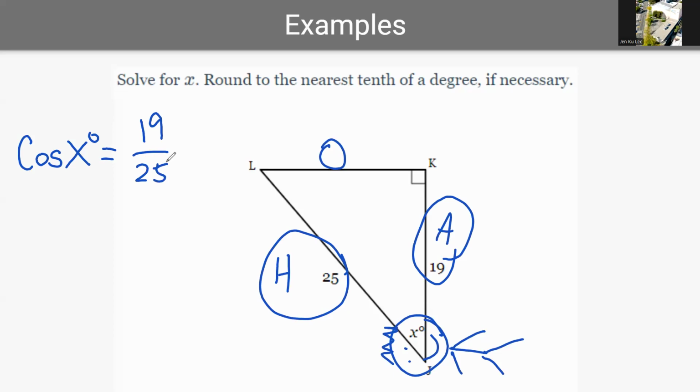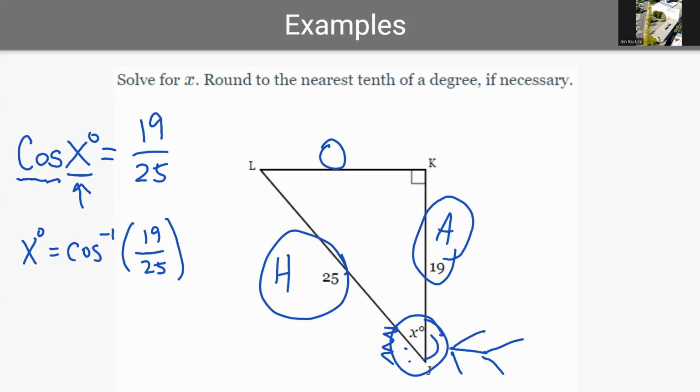Going back to your question, I don't know what x is, so I have to figure it out. In order for me to figure out what x is, I have to get rid of cosine. And how I get rid of cosine is using the inverse of cosine. You just plug that into your calculator and get that value.